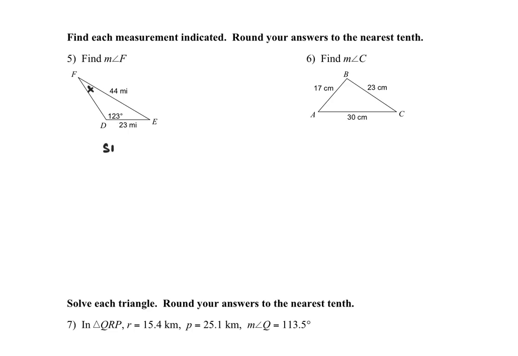we have sine of 123 degrees is equal to 44 miles. And then on the other side it can be the sine of the unknown angle. And then including that, we have to have the side across from it.